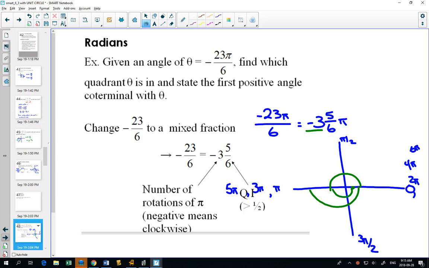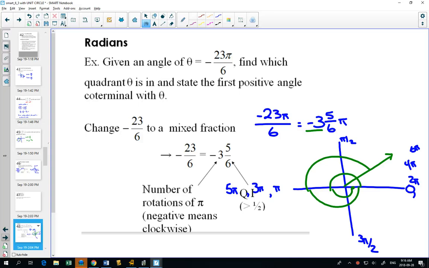And then we need to go an additional 5/6 more. 5/6 is more than half, right? So it will end in quadrant 1. Good? Because it's more than half. 5/6 is more than half.